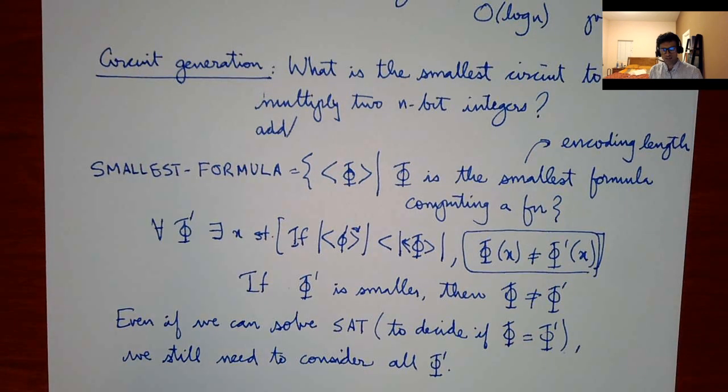Let's say I give you input. I've constructed a particular circuit to multiply, and I want to see, is this the smallest circuit that multiplies? Is there an algorithm that can determine that? Whenever we talk of languages, we're thinking, is there an algorithm that will decide this language? Does this sort of help? Does this give some clarity to what this is?